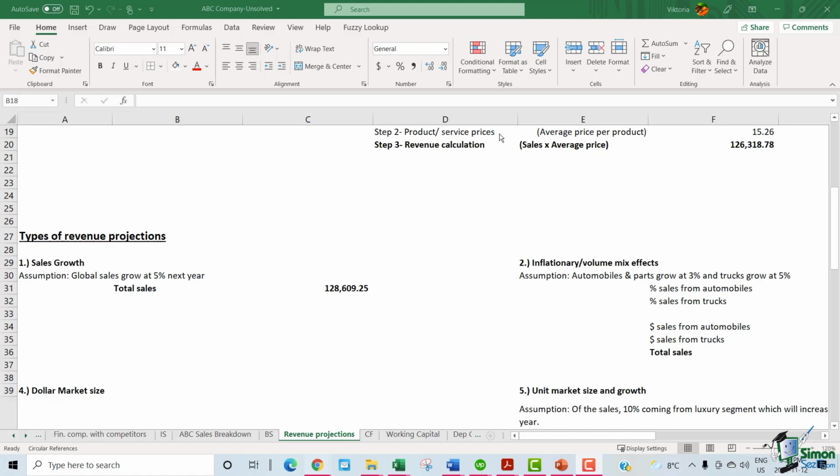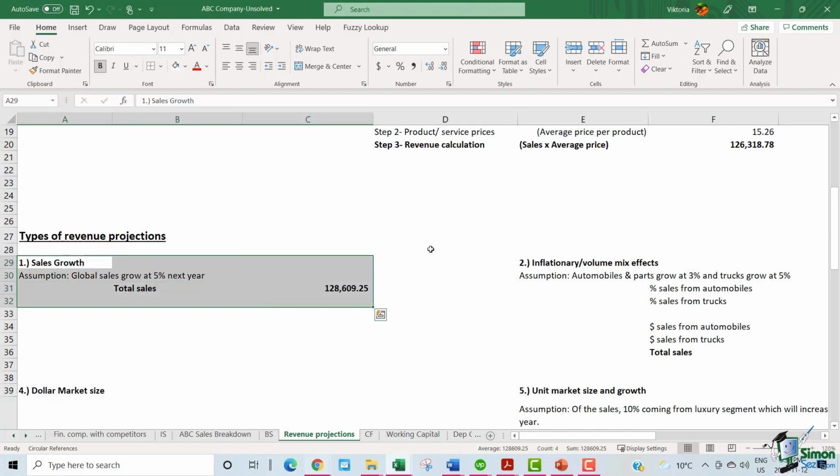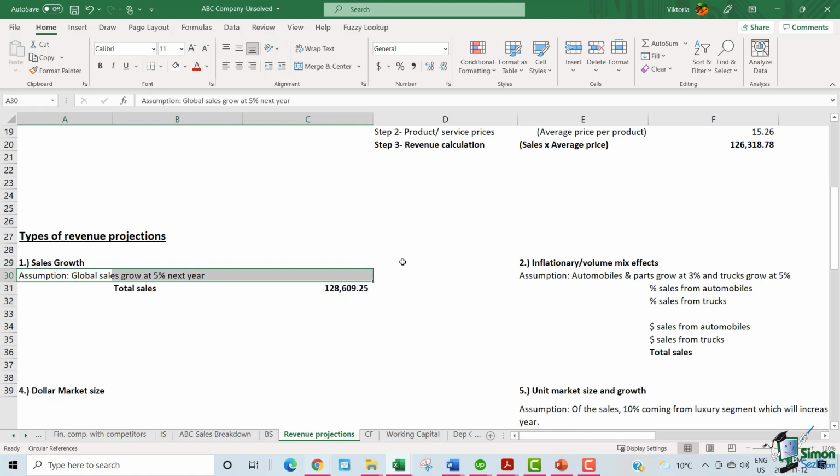Before discussing the revenue projections approaches, let me state that in every approach, I will be making some assumptions so that I can explain to you how to apply the different revenue projection types. The first approach is called the sales growth approach. The sales growth assumption in each period defines the change from the previous period.